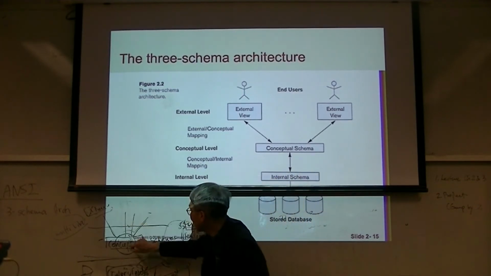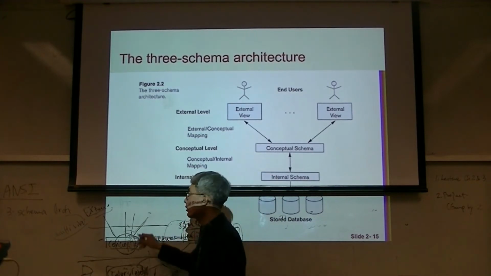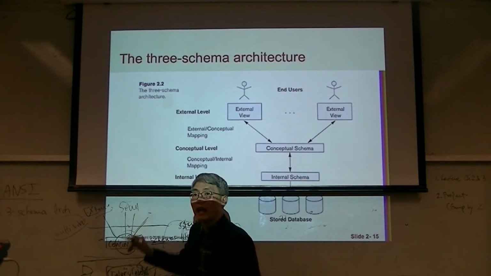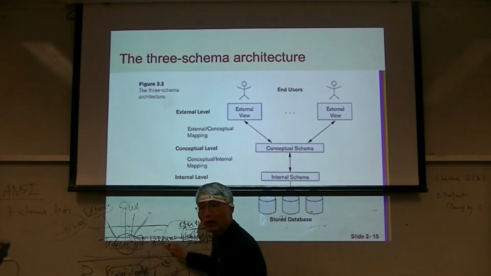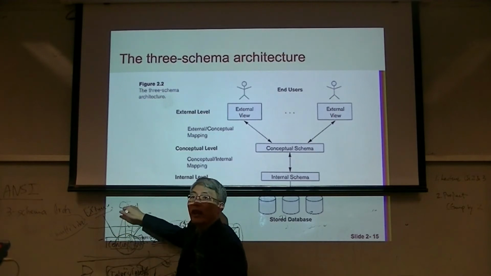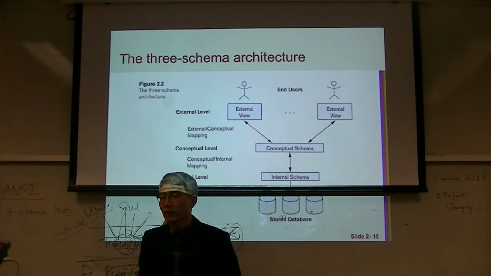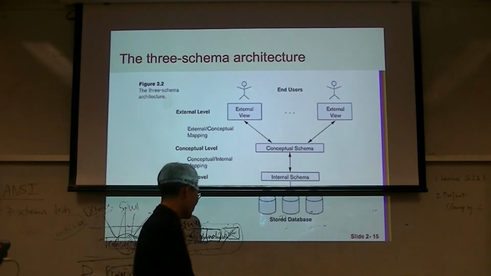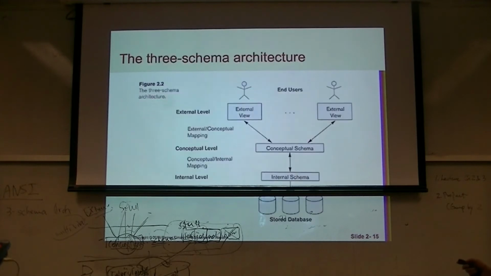The external level view, conceptual level view, student will not be changed. But if the security office asks, I need the student information, you don't have to create a new one, just create an external view. Right? So this is the benefit of using the three-schema architecture.